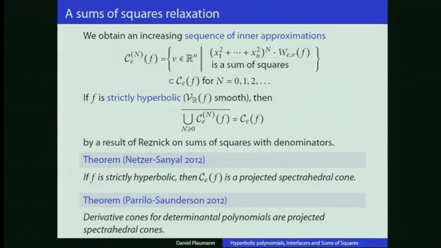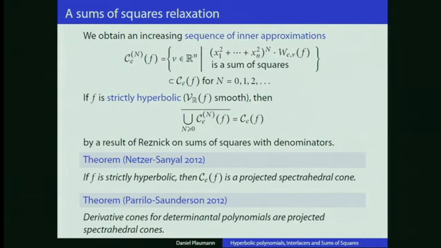But on the other hand, this interlacer cone, together with this description by the Wronskians, contains much more information. It contains a lot of the information that you want when trying to decide whether the hyperbolicity cone is spectrahedral or whether your polynomial has a determinantal representation.